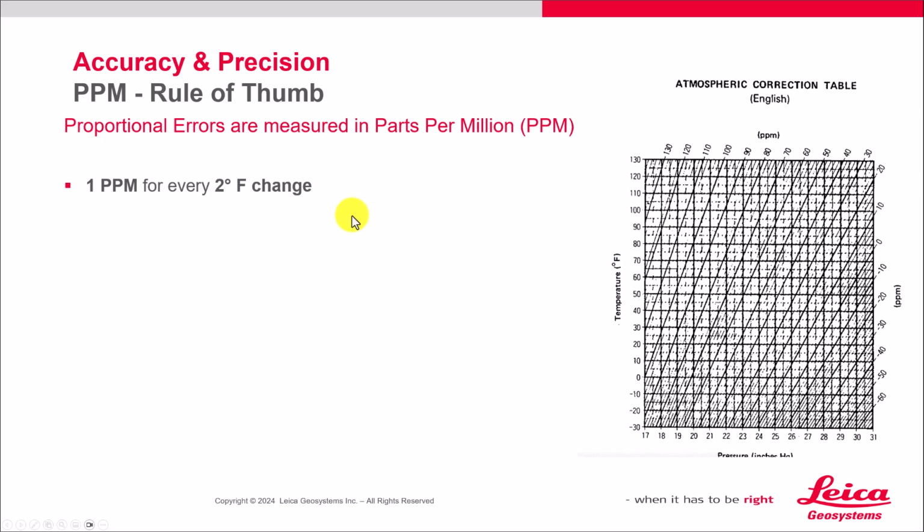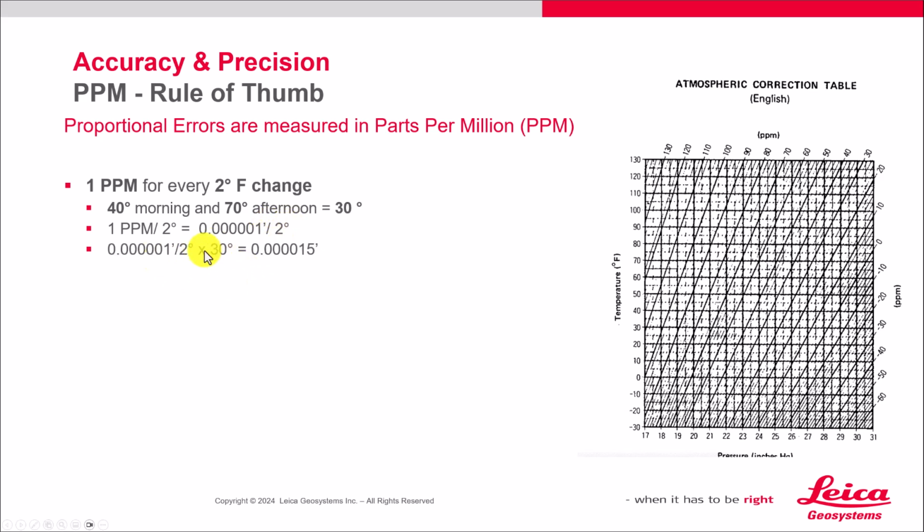Now, some standard parts per million that we know out there: it's 1 part per million per 2 degrees Fahrenheit change. So if we go from 40 degrees in the morning to 70 in the afternoon, we've changed 30 degrees. So 1 part per million per 2 degrees is 0.00001 per 2 degrees.